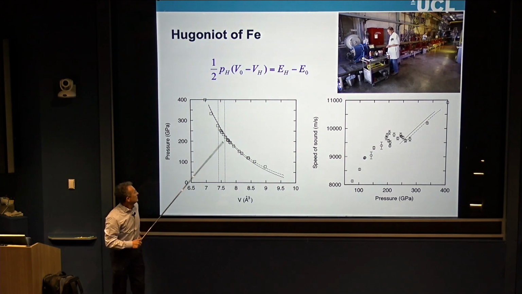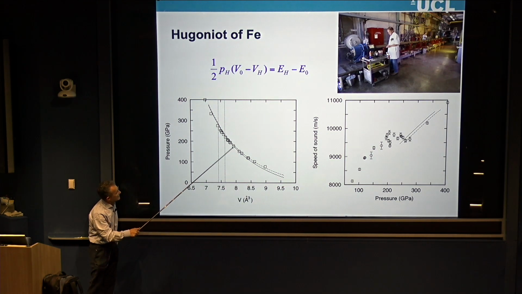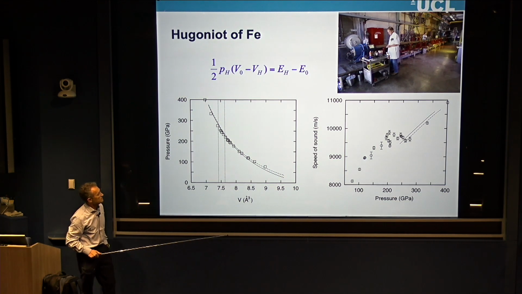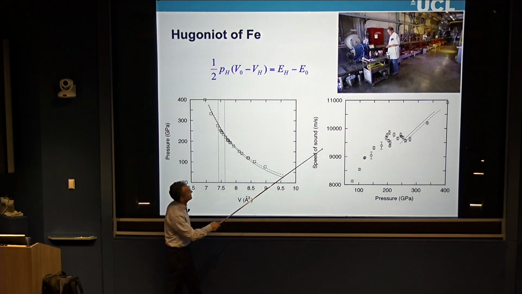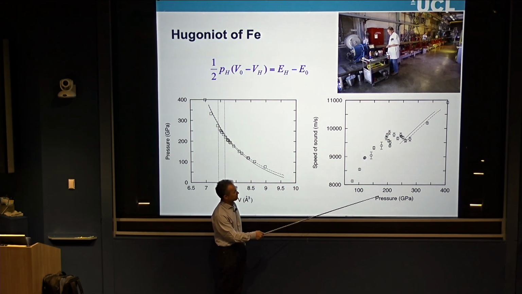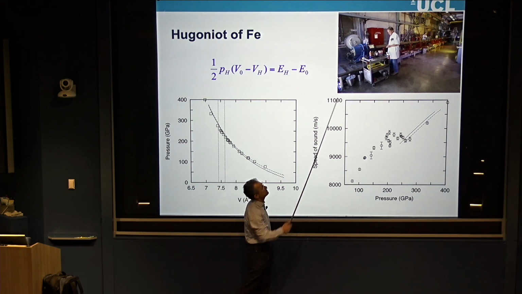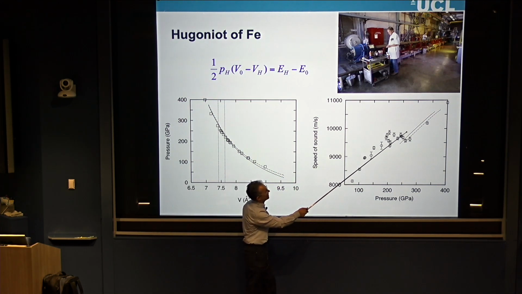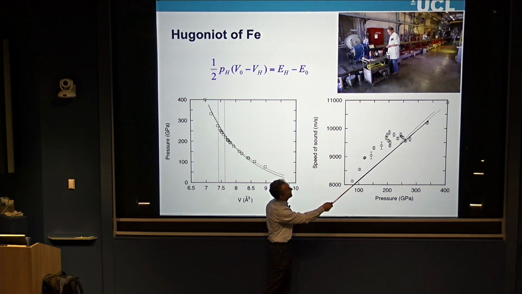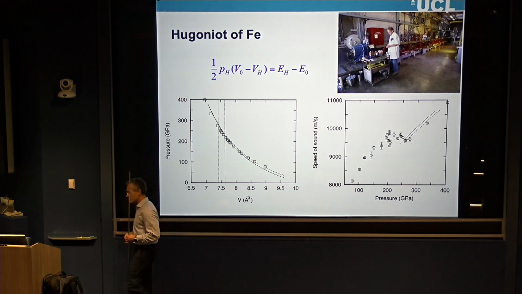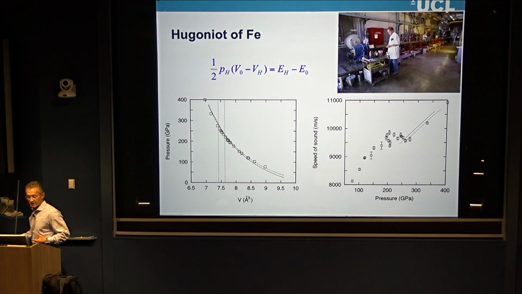And you see here the calculations, which are these lines, compared to the experiments, which are these squares. And here on the right, you have the speed of sound in the material, again as a function of pressure. And you can change the pressure by changing the speed of the projectile, by the way. And again, you can see the comparison between the calculations and the experiments. So this DFT, this density functional theory, for these properties of iron at high pressure works extremely well.